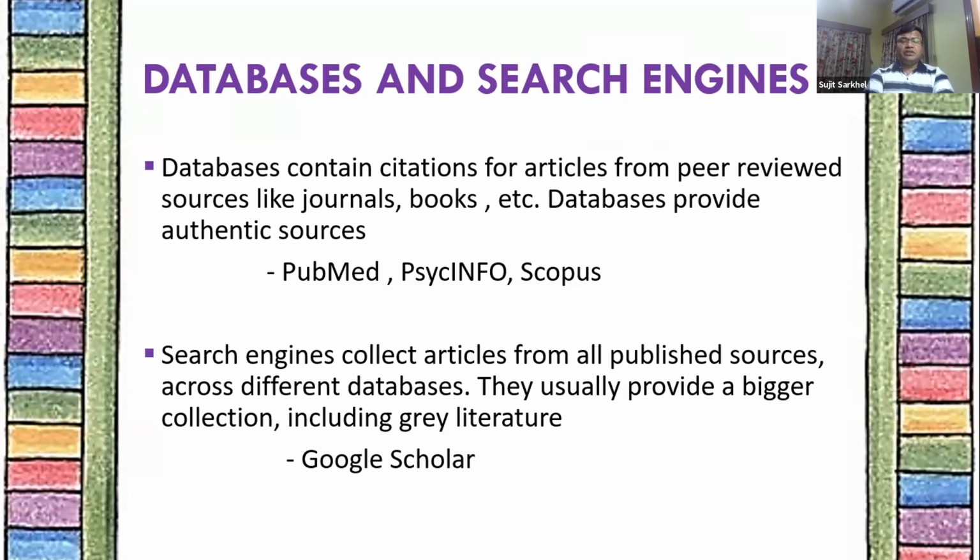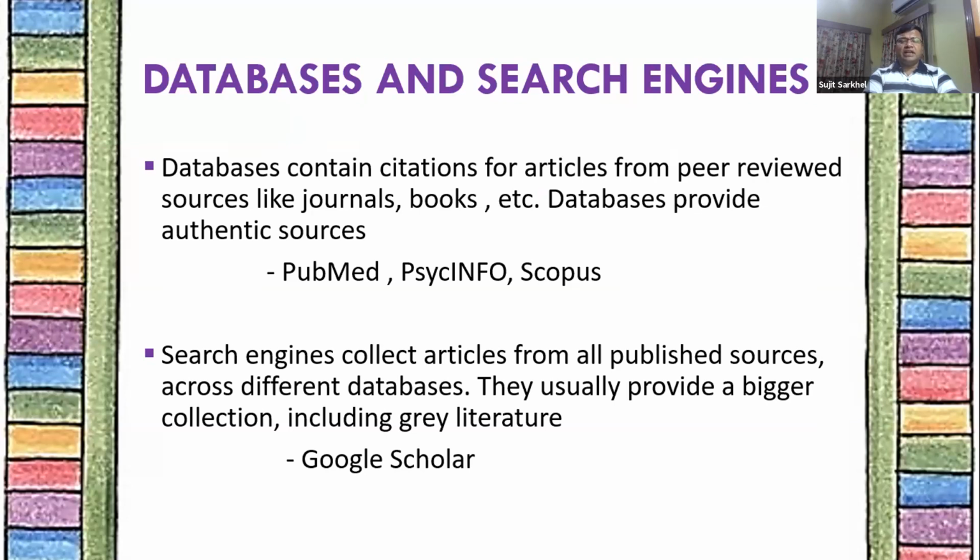Then we have the famous Google Scholar search engine. You see, Google Scholar is not a database, so the articles are not indexed in Google Scholar. It is just a search engine which collects material from all possible academic sources.